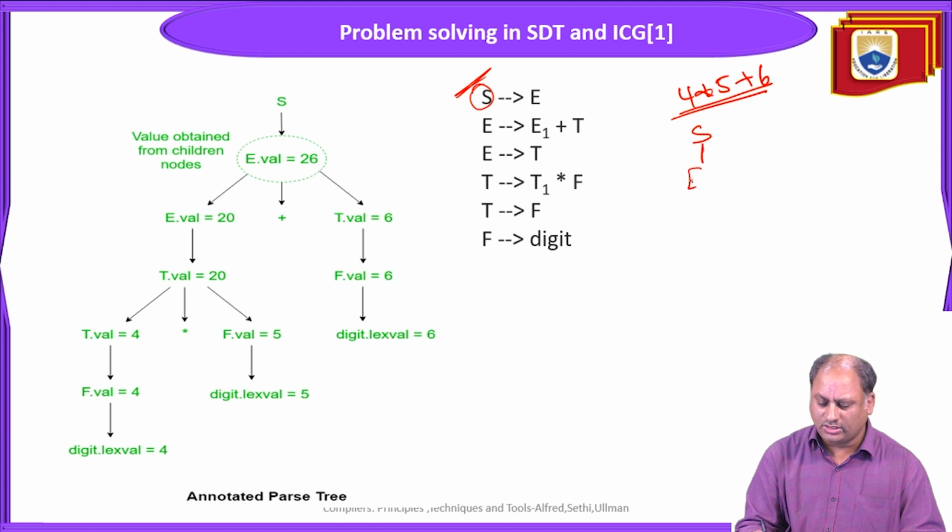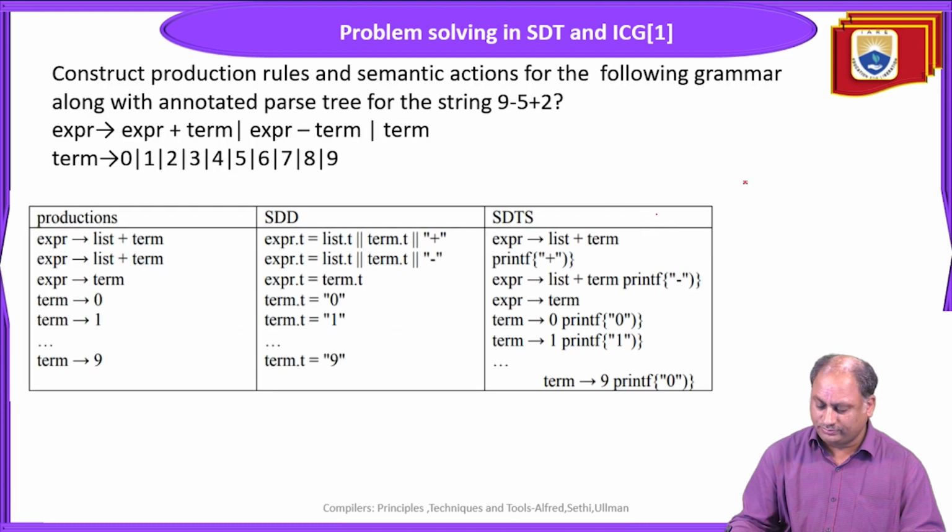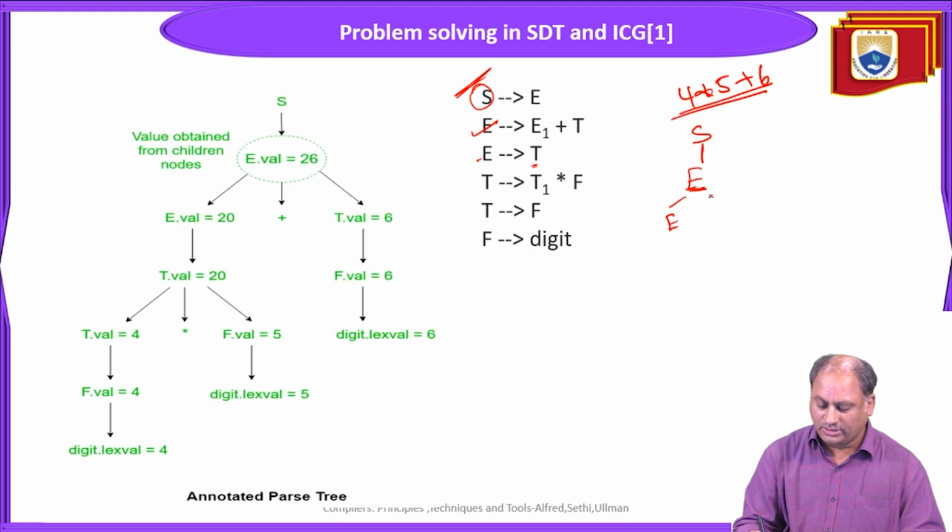S contains E. Now for E, we can go for either E derives E plus T or E derives T. We can consider E1 plus T. So S derives E, E derives E plus T.